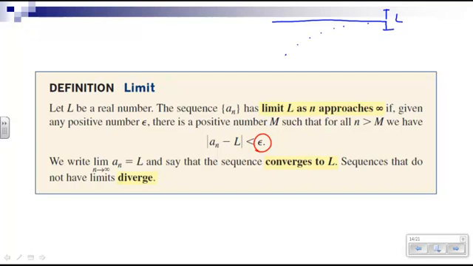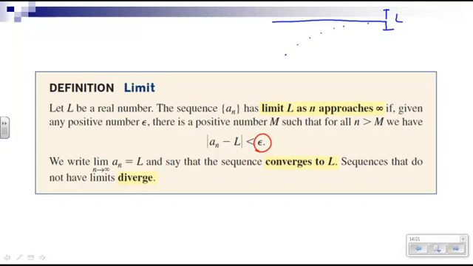I don't know. Is a 16th within 1/100th of 0? No. I think I have to go to 1/128, which is 2 to the 7th. So as soon as I get to the 7th thing in that sequence, I'm within 1/100th of that goal.